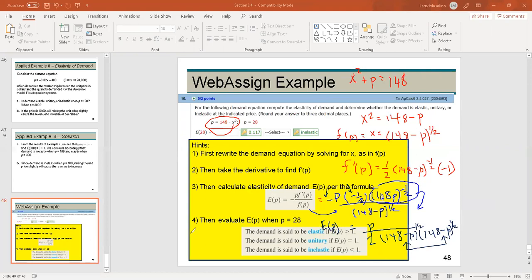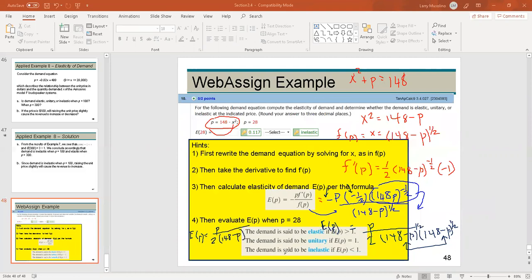So when all is said and done, E of p is going to be p over 2 times (148 minus p). This is the elasticity function.